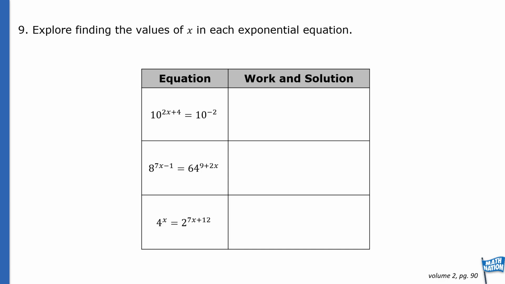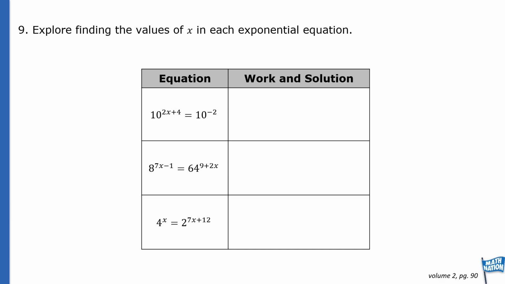Let's look at the third example. We have 4 raised to the x power equals 2 raised to the 7x plus 12. We don't have the same base, so we need to use the same base on both sides of this equation. So let's use base 2. Always use a smaller base.